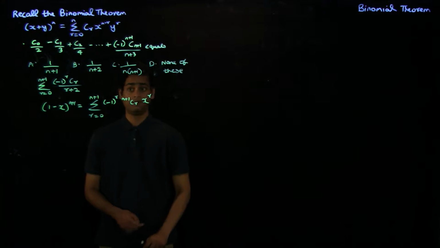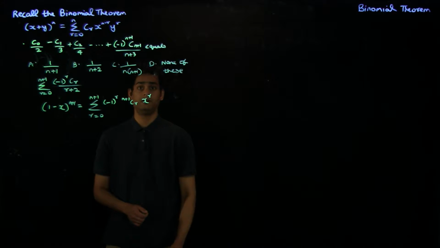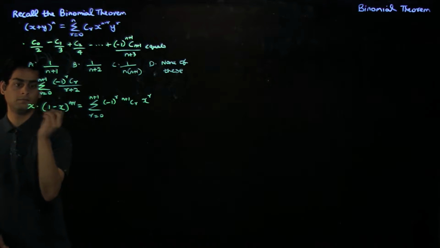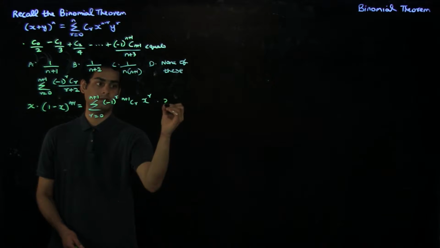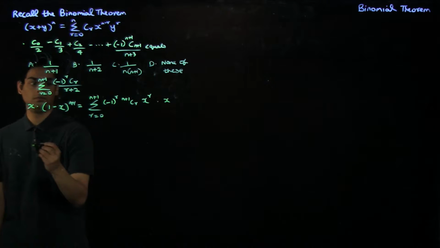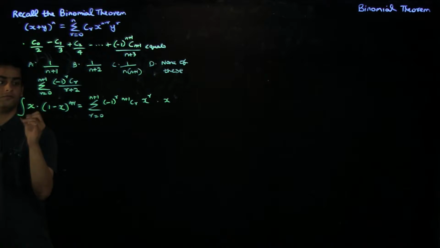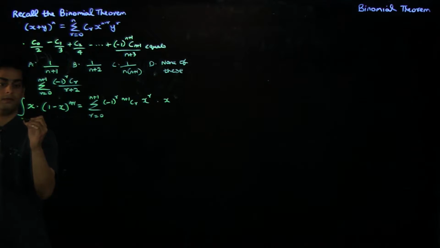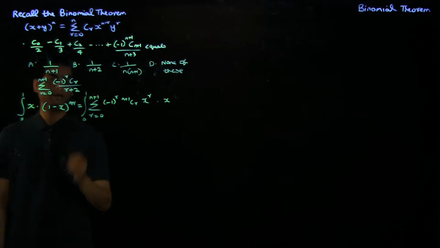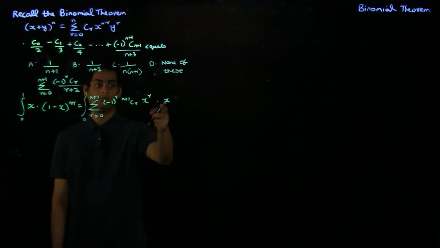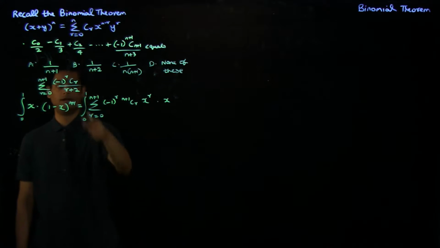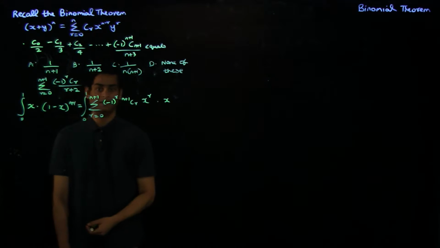So one way to artificially induce a denominator of r plus 2 is to multiply both sides by x, and then integrate both sides from x = 0 to x = 1. The trick here is to multiply by a suitable power of x so that you can derive a suitable denominator when you integrate these expressions.